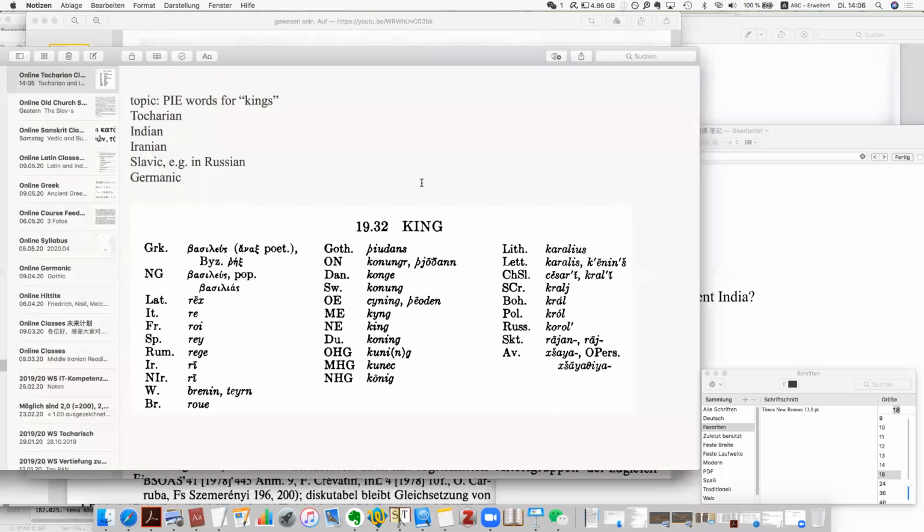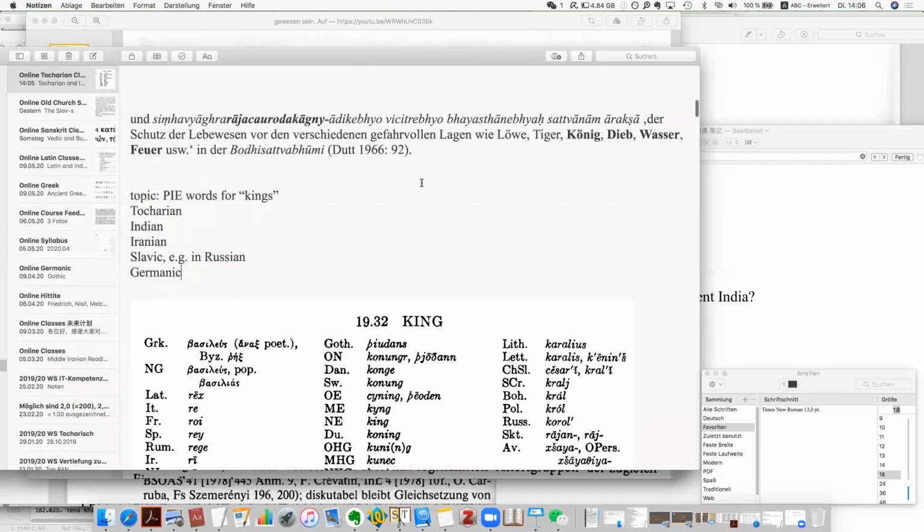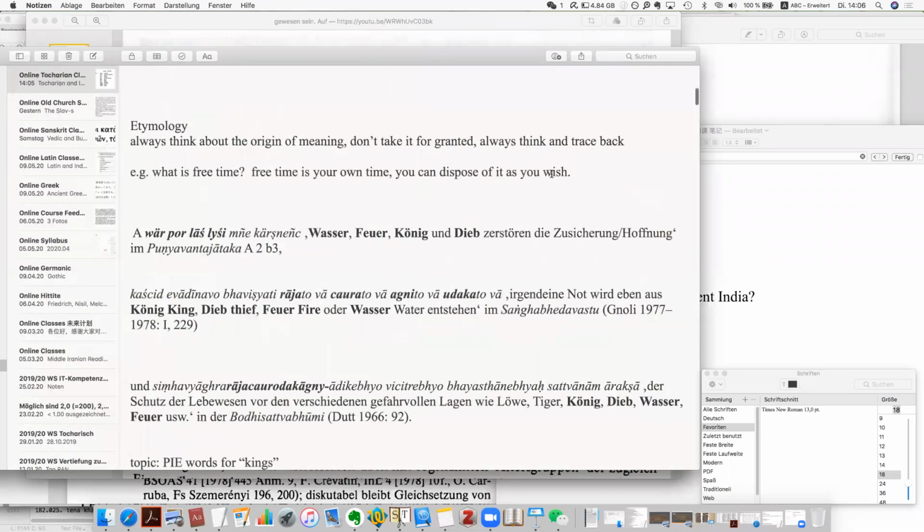I want to talk about etymology because studying etymology helps you always think about the origin of the meaning and not take it for granted.